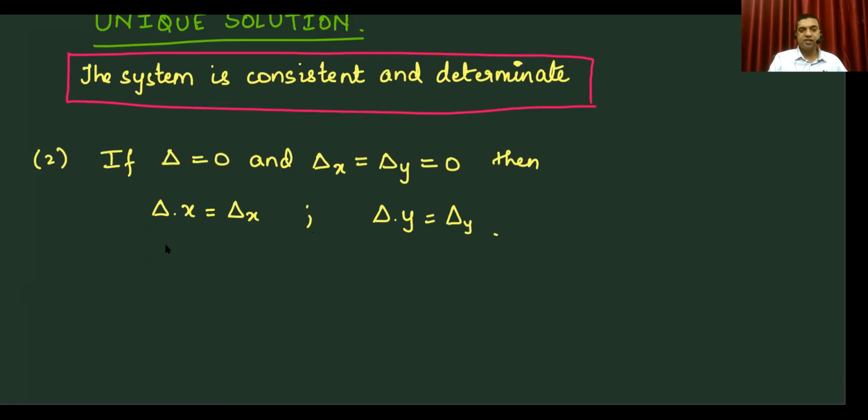Now, when this is 0, 0 into x equal to 0 and 0 into y equal to 0, then what happens? The system will have infinite solutions. There are infinitely many solutions because x and y can take any values.